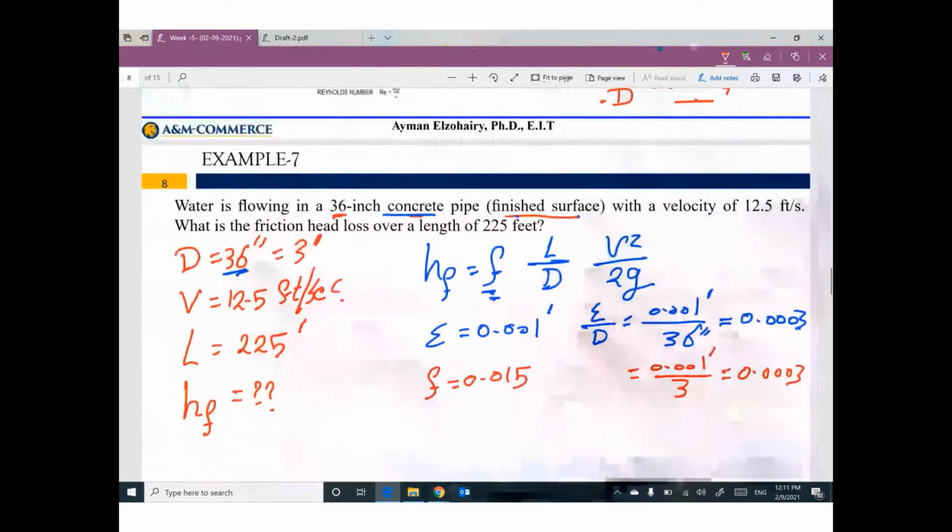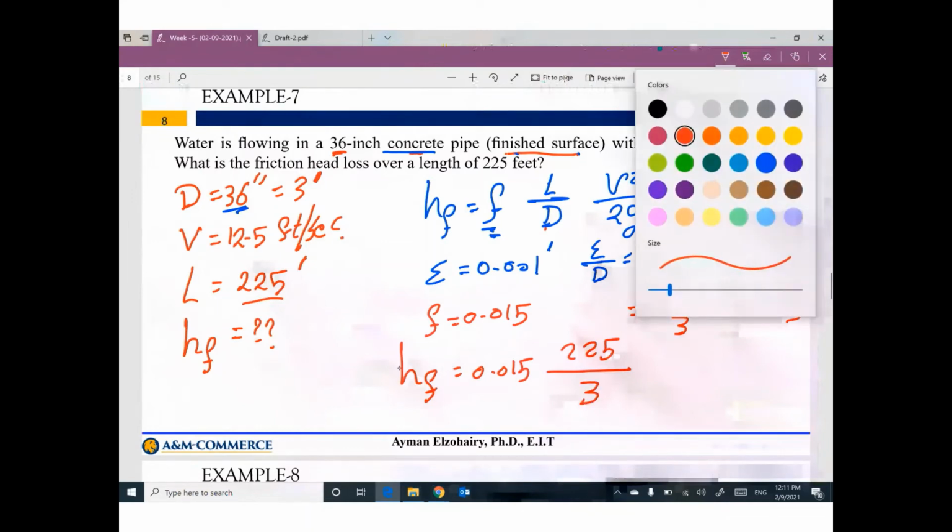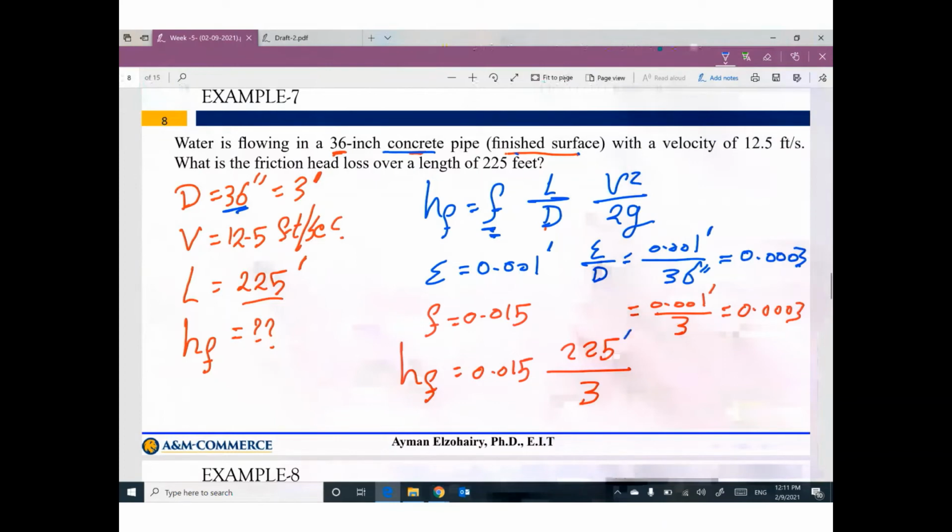0.015, yes. So finally, the friction head loss equals 0.015 for F, the length of the pipe 225, the diameter of the pipe is 3. Guys, make sure you are working using the same unit. This length in feet, this diameter must be in feet. Times V squared, which is given 12.5 squared, divided by 2G, 2 times 32.2.